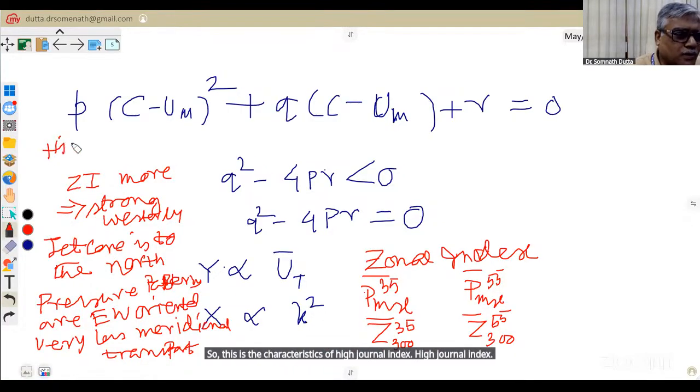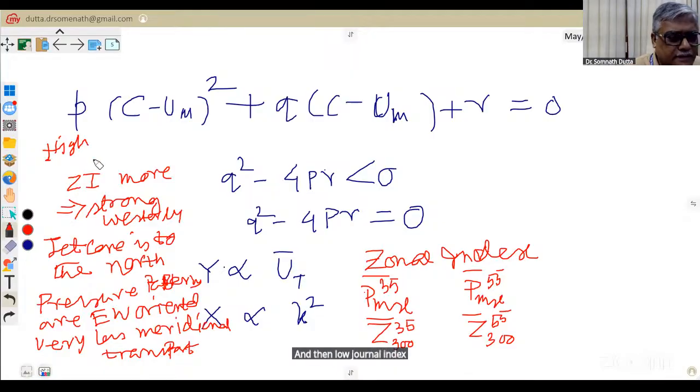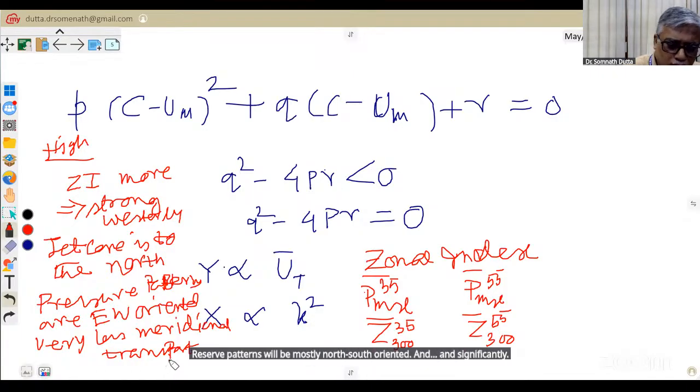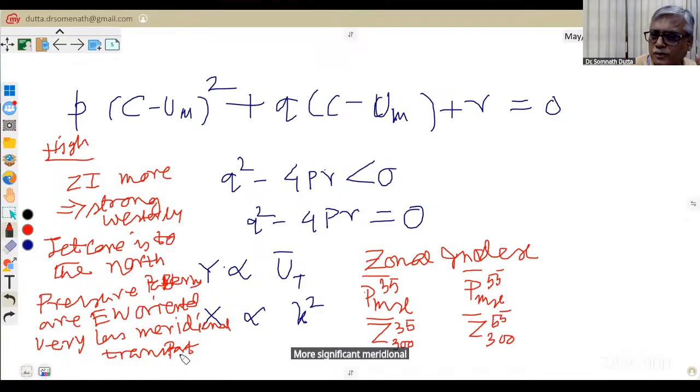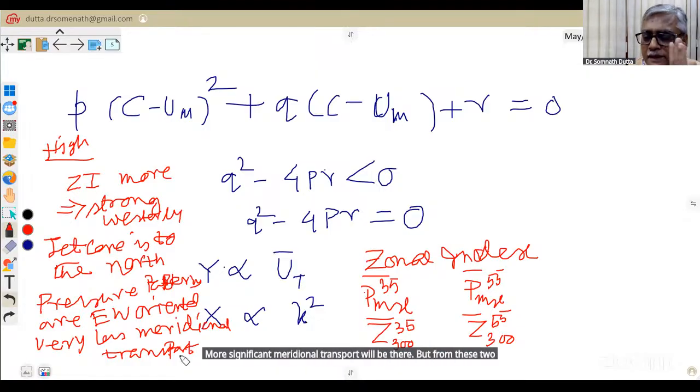And low zonal index, we all can understand. It will be just the opposite. Westerly will be weaker. Jet core will be south of its normal latitude. Pressure patterns will be mostly north-south oriented, and significant meridional transport will be there. So from these two, one thing is very clear.